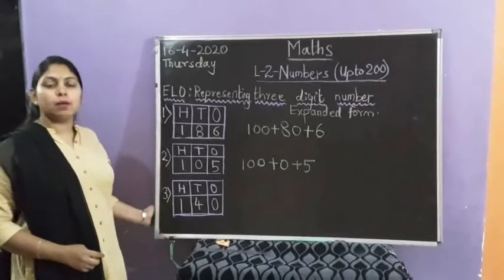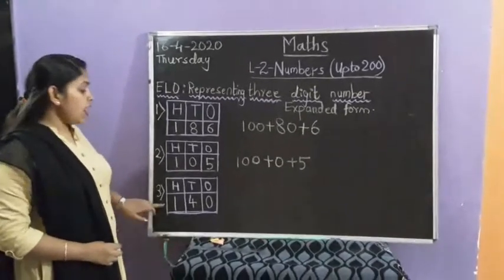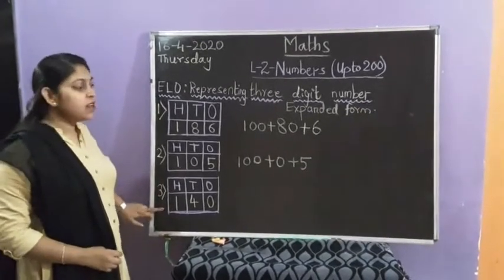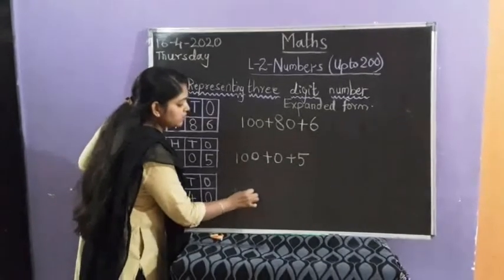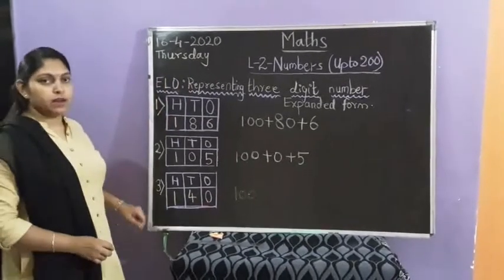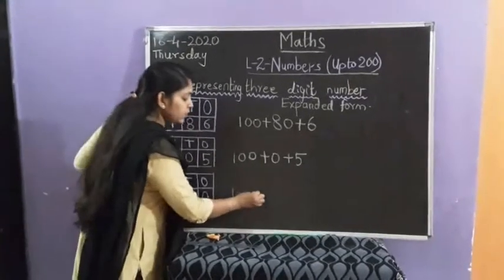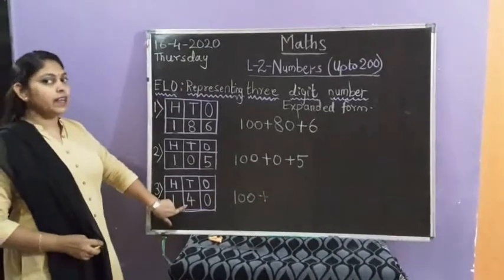Here we have the number 140. So, we have the number 1 in hundreds column. So, again we'll write 100, the place value of number 1. Then we move on to another room, that is tens room. Here we have the number 4 in our tens room.